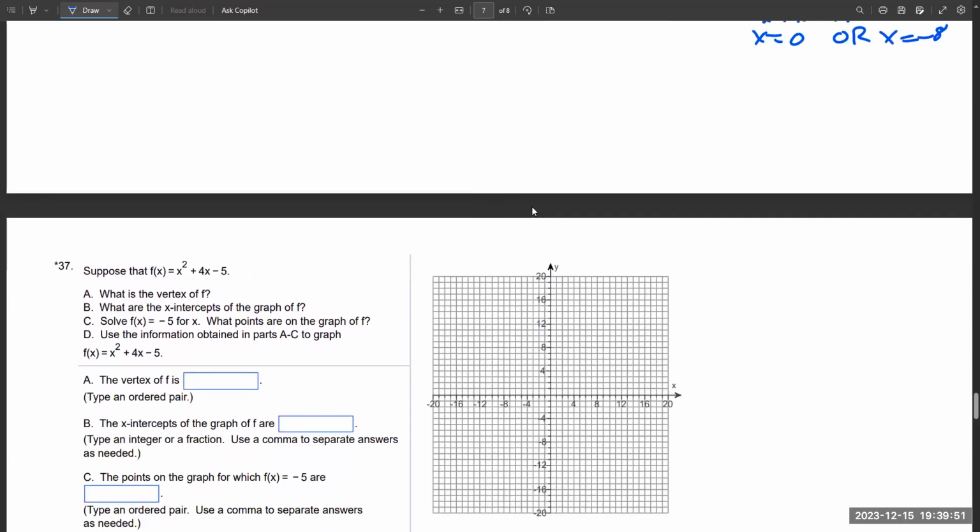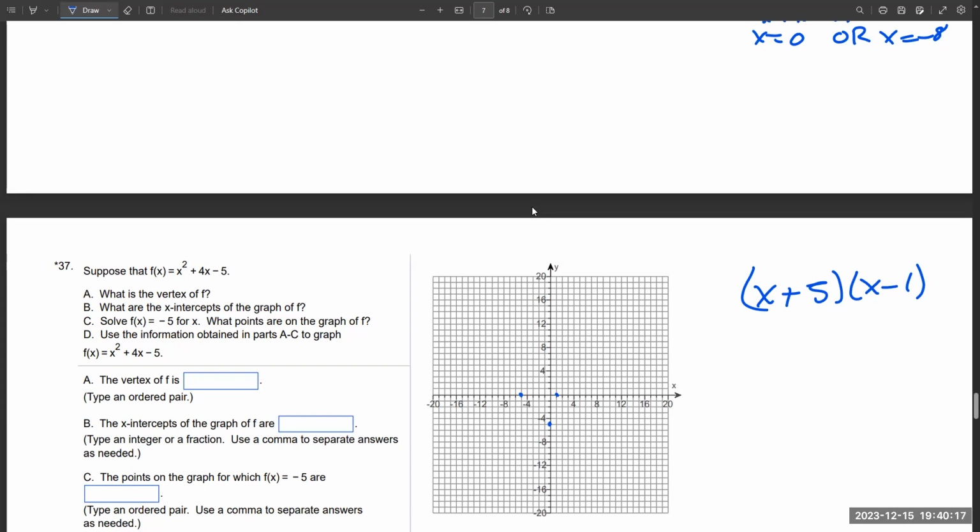So x squared plus 4x minus 5. That factors into x plus 5, x minus 1. So I have -5 for an x-intercept and +1. And I have a y-intercept at -5 because that's the constant part when x is 0.